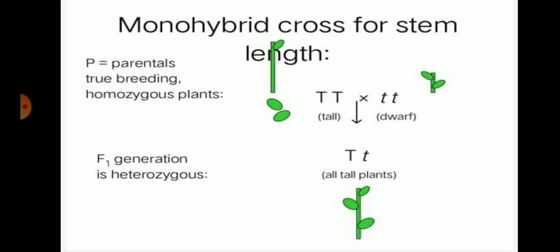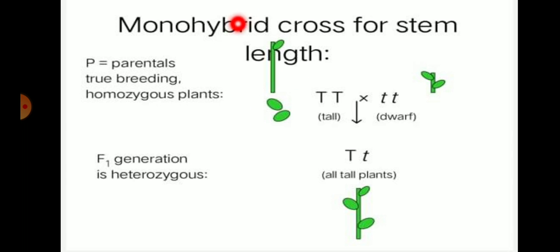He used the height of the plant for the study of the monohybrid cross. Mono means single, so a single trait is used for the cross, and he used pure line parental plants, the true breeding homozygous plants.